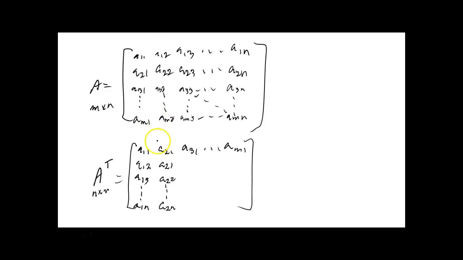A12, A22. It doesn't matter which one you do next. I think I'll go across next. So the second row here is the second column there. Oops, I messed that one up. I put A2 twice. Sorry about that. A21 twice.